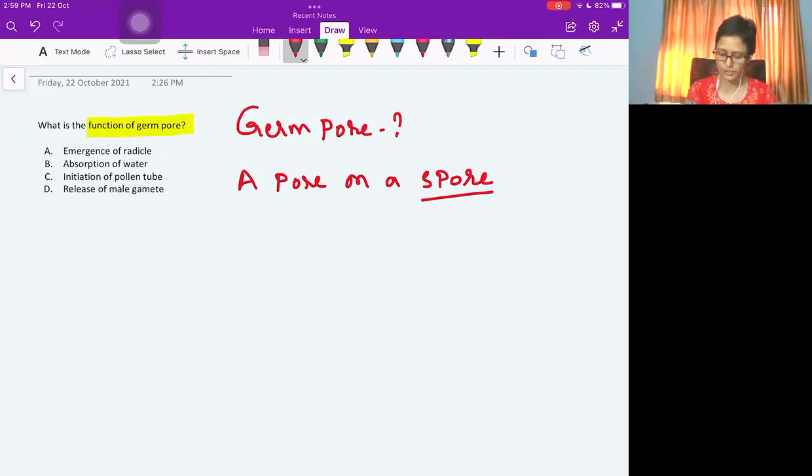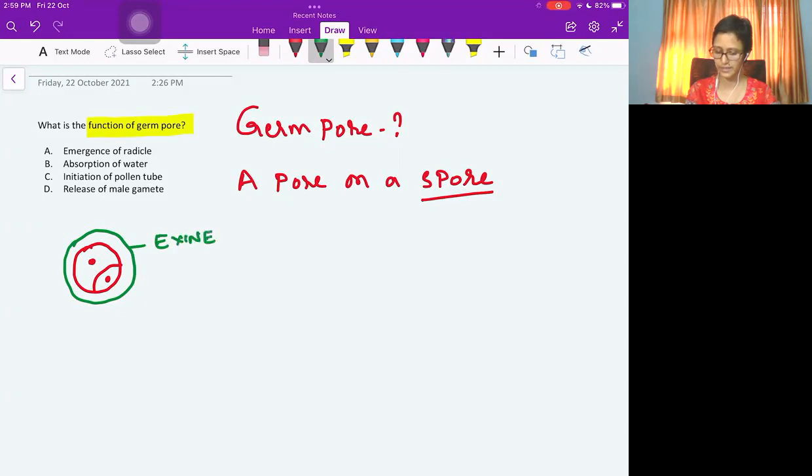A pollen grain is in general a spherical structure with two cells and two walls, the outer wall and the inner wall. Outer wall is known as exine and the inner wall is known as intine.